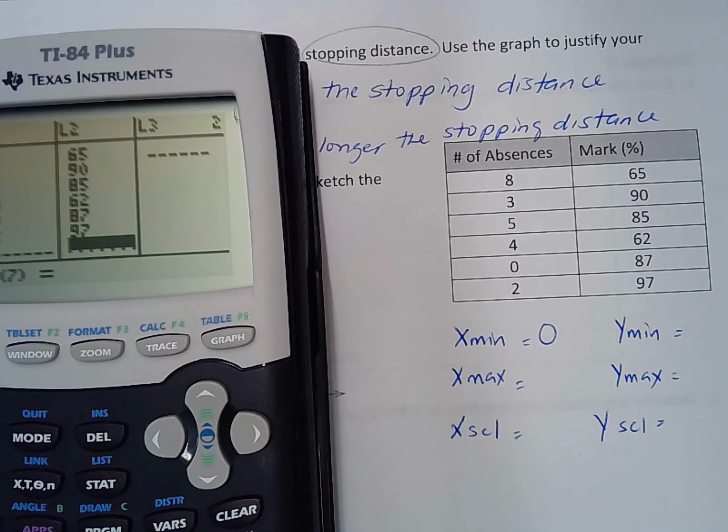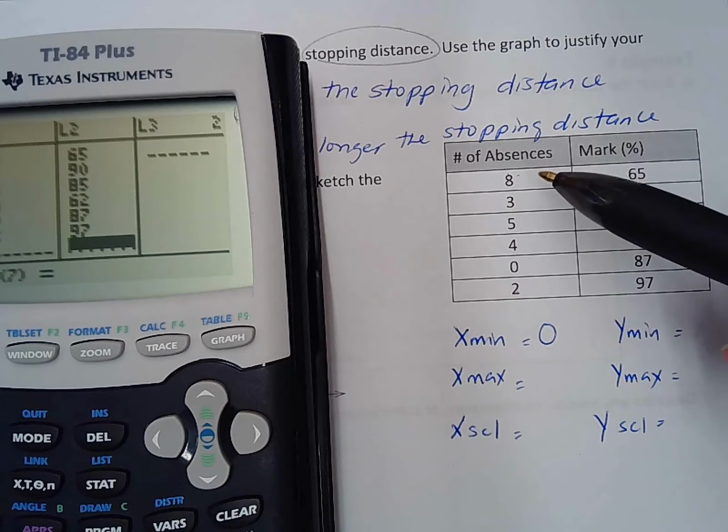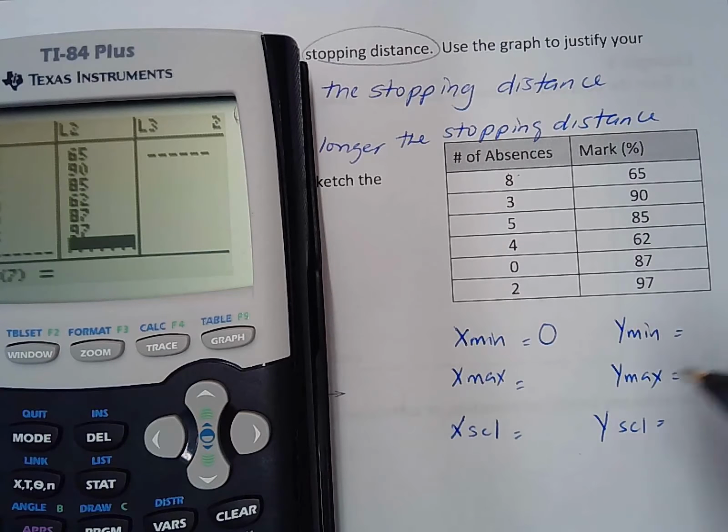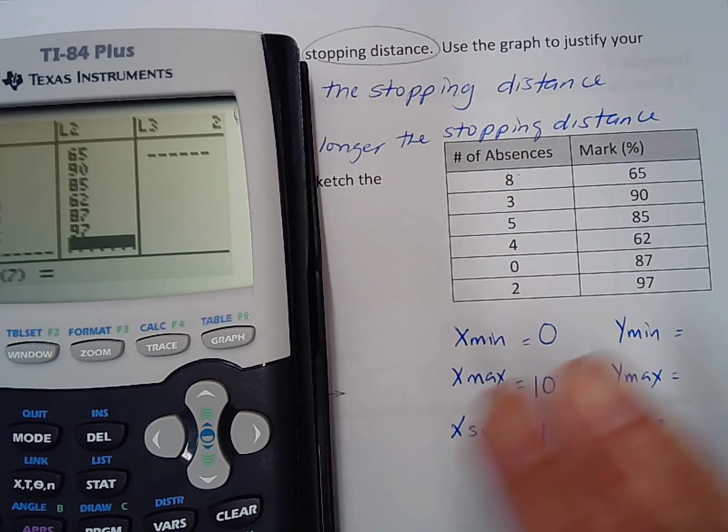What is the appropriate X maximum? 10. We can see there's 8 here, but if you want a little bit of space, we could put 10. You could put 8 or 10. What is the appropriate scale? 1.